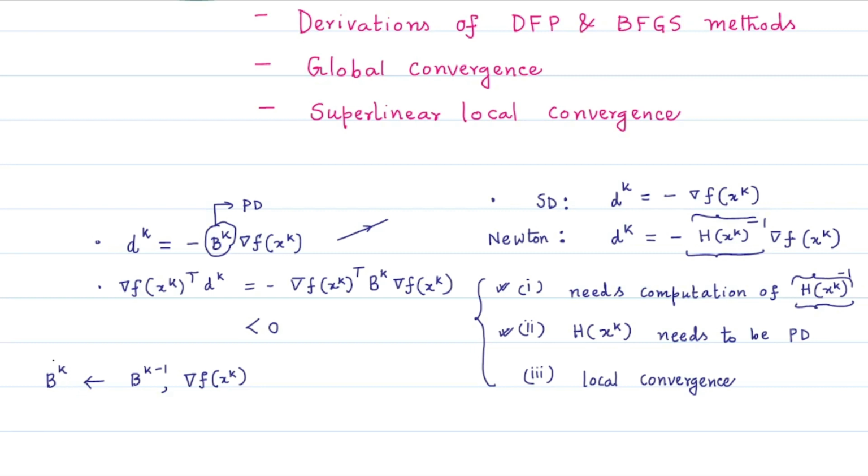And after finding a suitable approximation Bk to the inverse of the Hessian, we compute the direction dk given by negative Bk times the gradient of f at xk.